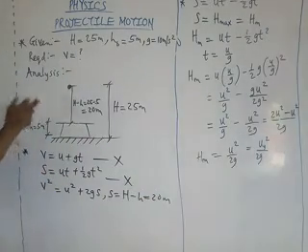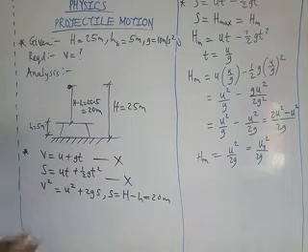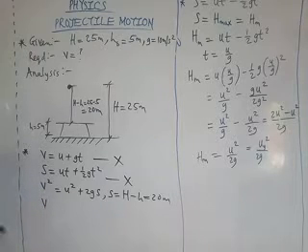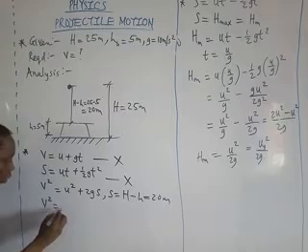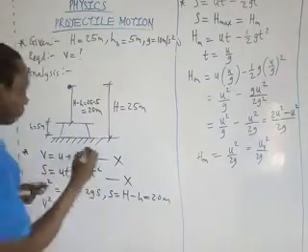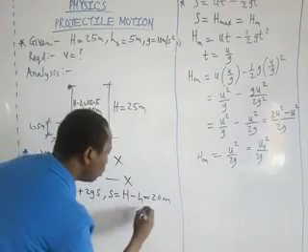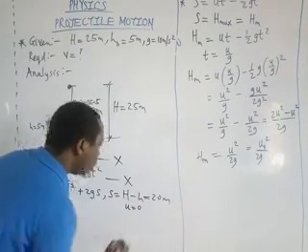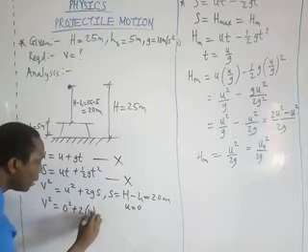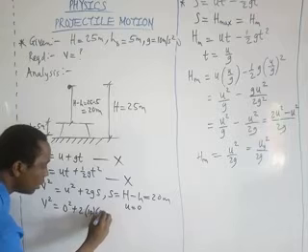Now, before the body is released, we believe that the speed of the body initially is 0. The body is initially at rest. Take note of that. This is what we are looking for. So when we substitute our given values, we are going to have V squared is equal to 0 squared, where U is equal to 0, 0 squared plus 2 multiplied by 10 multiplied by 20.